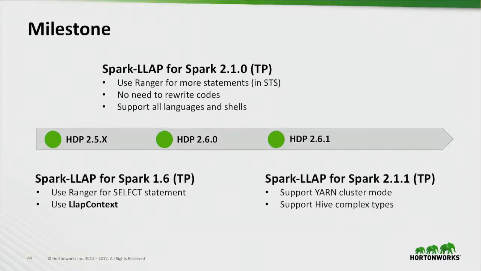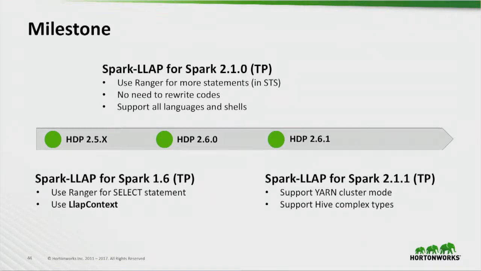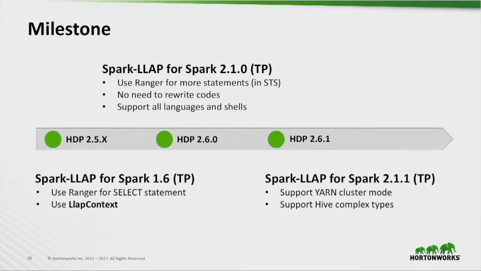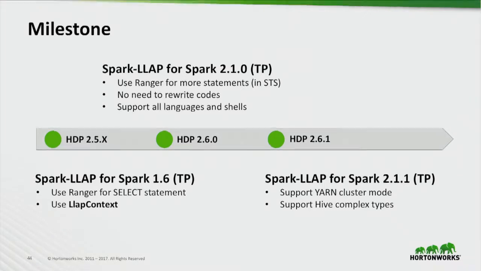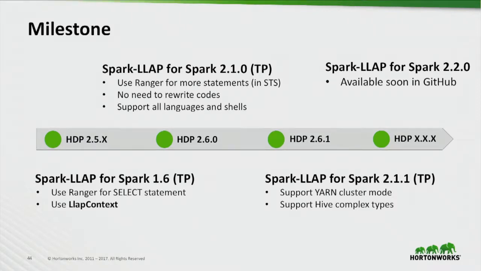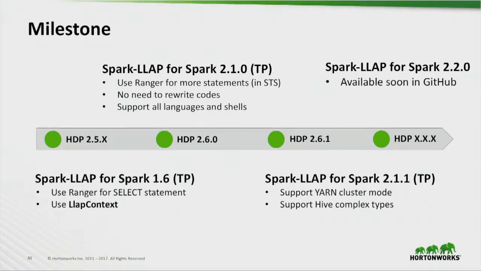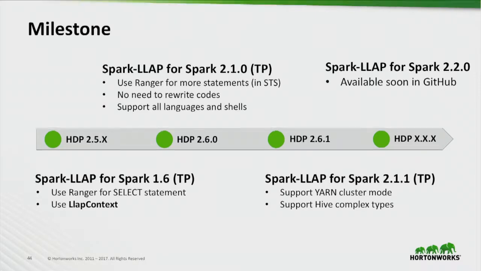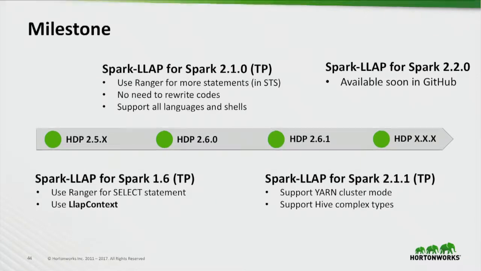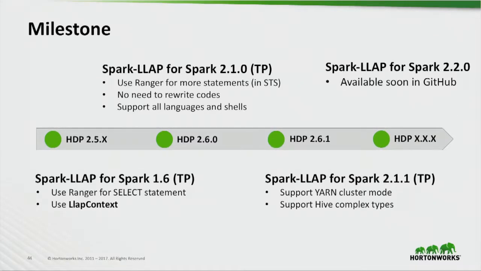Last week, we released HDP 2.6.1, and there is Spark LLAP for that. Now we provide the YARN cluster mode, and we also added the Hive complex type. Internally, we are also developing Spark LLAP for the next version. Spark 2.2 will be released next month, and we will release that very soon, available on GitHub.